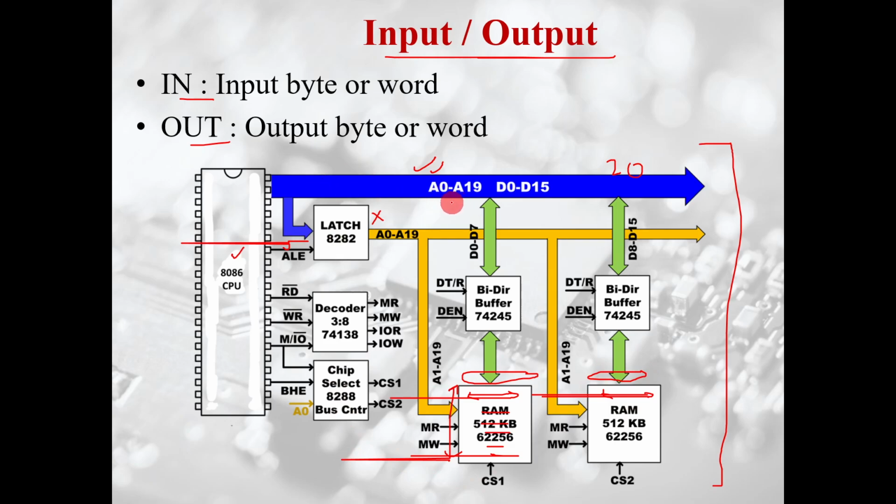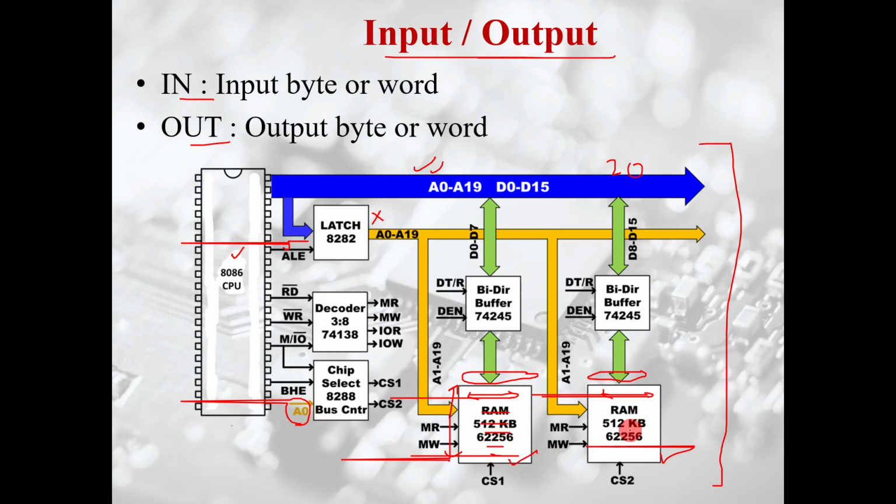So when I place some address, depending on the least significant bit, which is available on address line A0, either the odd bank or the even bank is selected. Since it's digital data, A0 can be either 0 or 1. If it is 0, this will be selected.